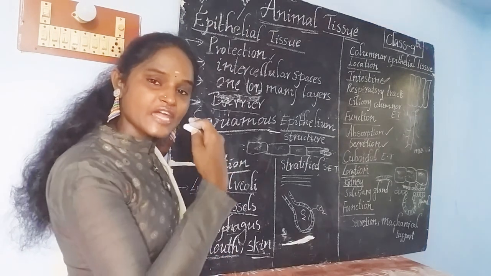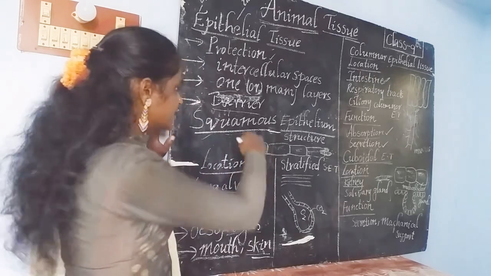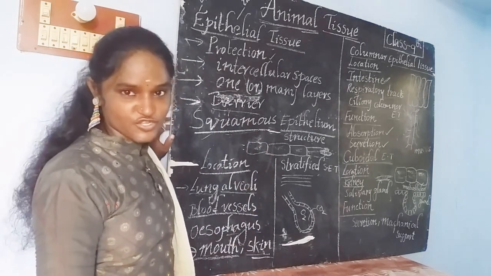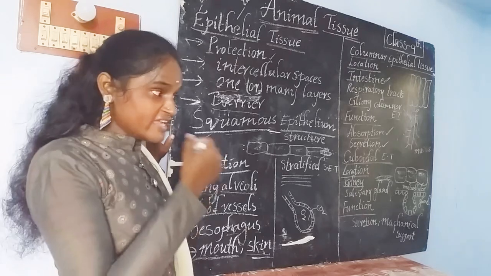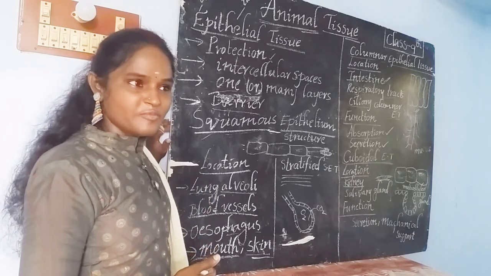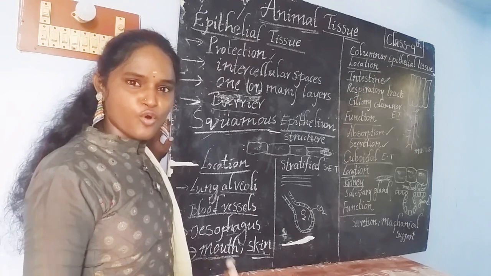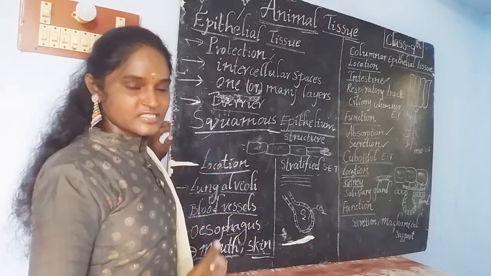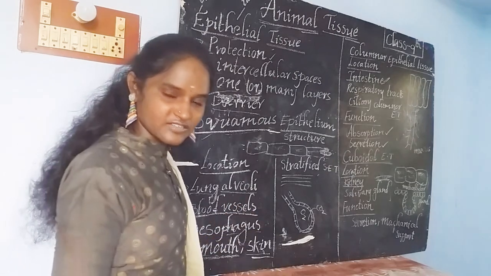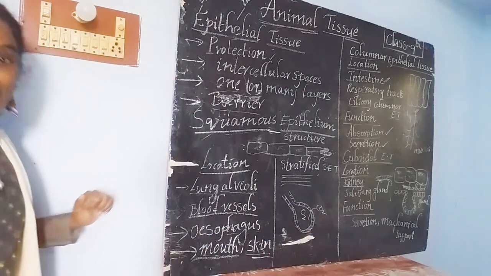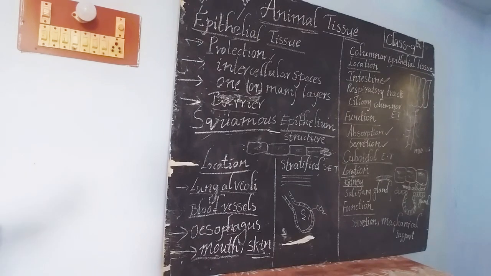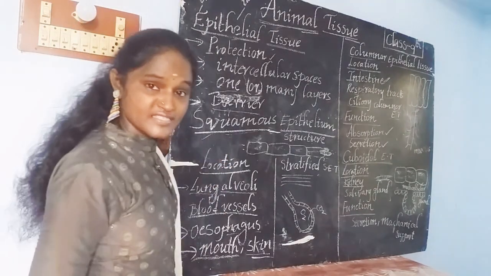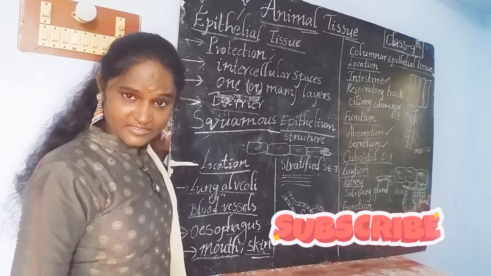Inside our mouth is also lined with squamous epithelial tissue. It is very delicate. While we are eating, if we find any bones or any hard materials, sometimes we may get hurt. Why are we getting hurt? Because the squamous epithelial tissue is very sensitive or delicate.